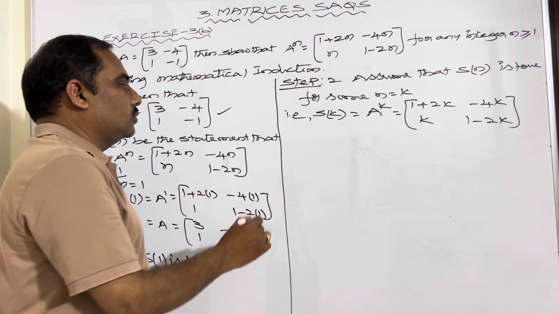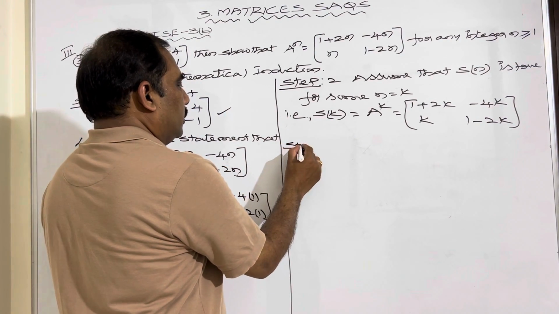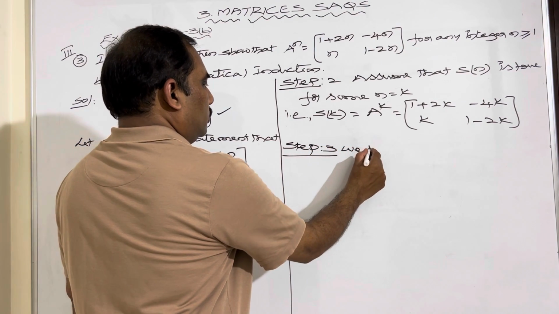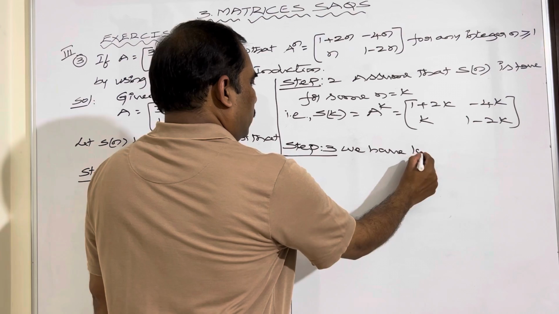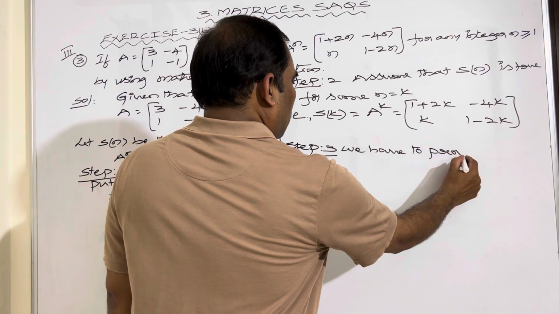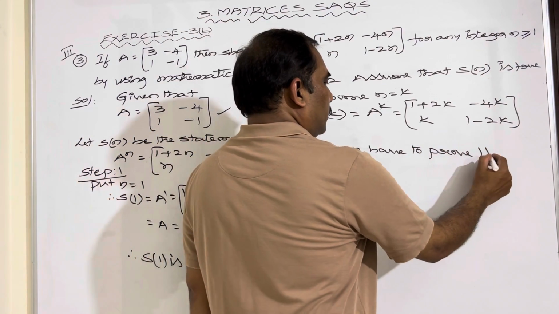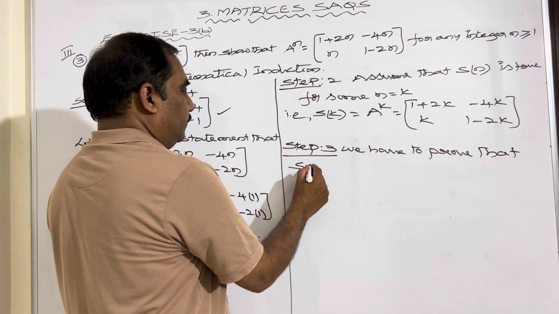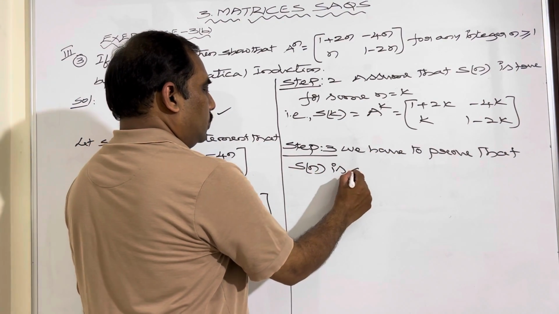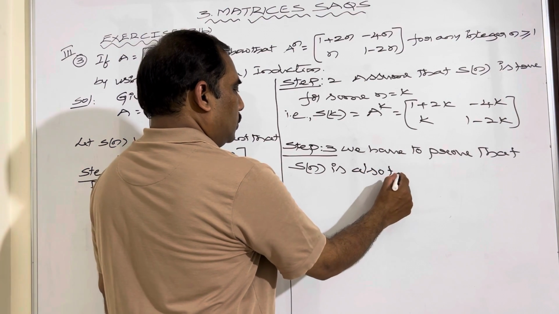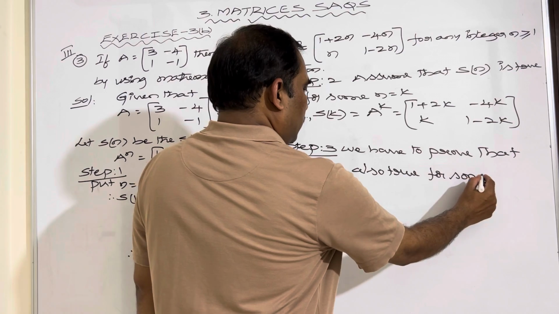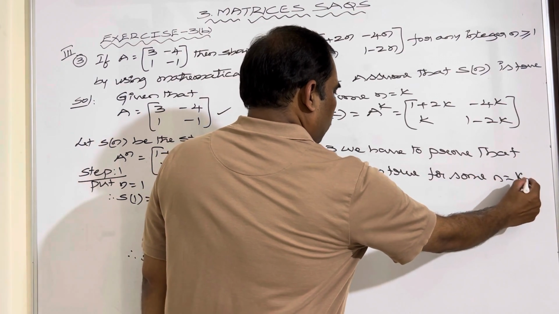Now what we have to do in step 3? In step 3 we have to prove that S of n is also true for n is equal to k plus 1.